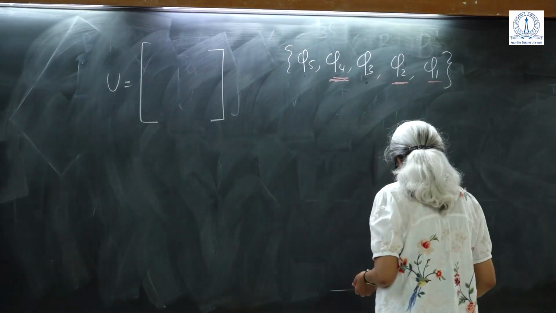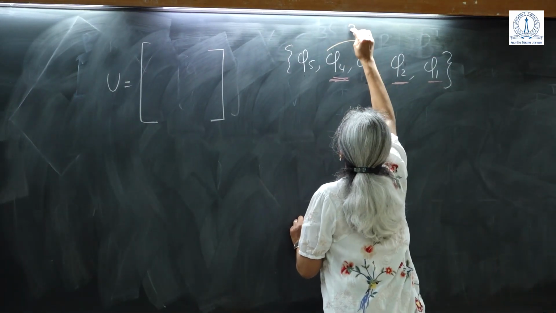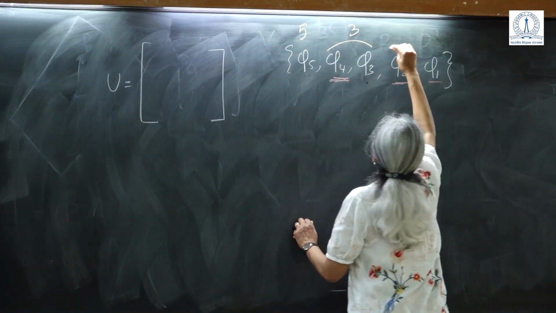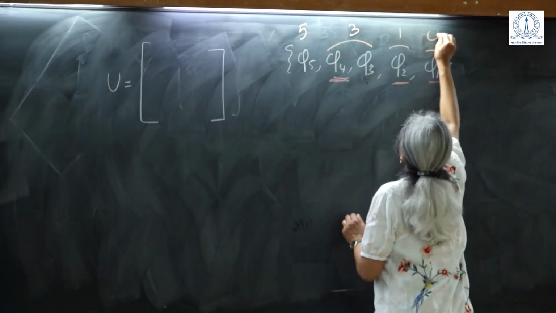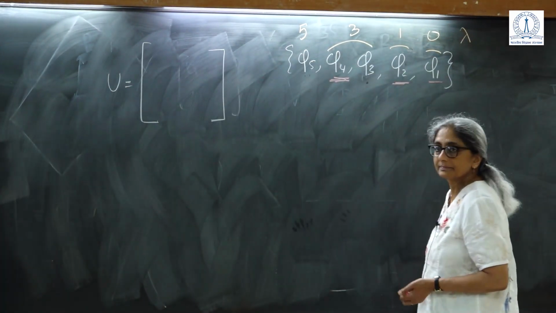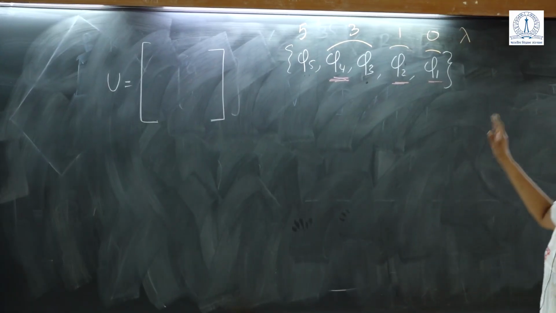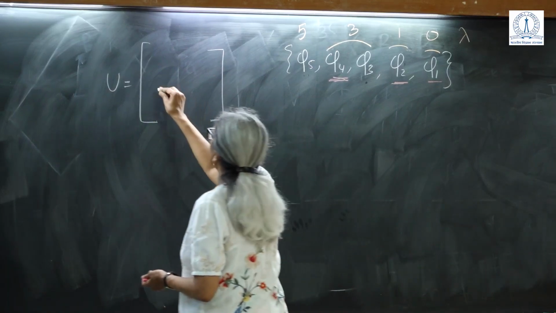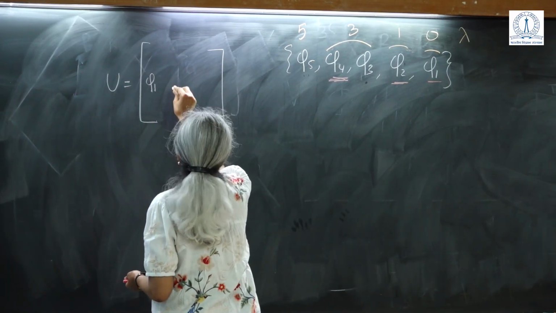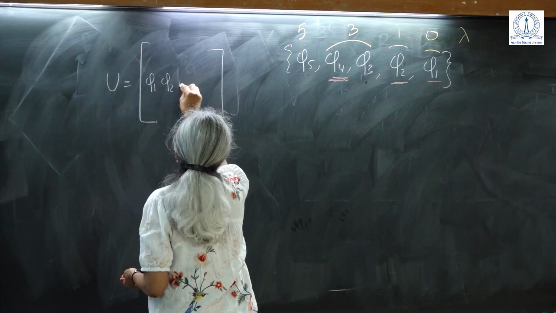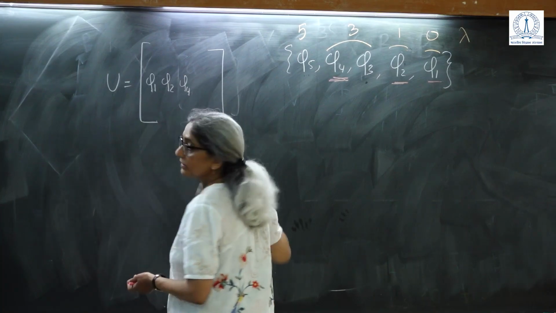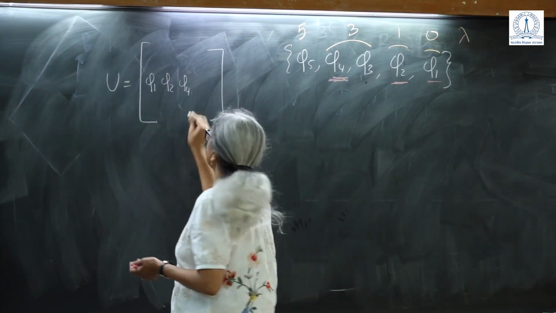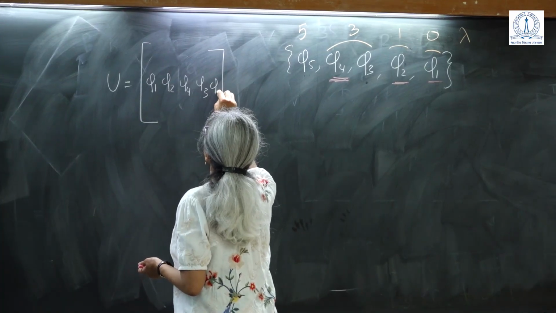The eigenvalues are, these two go with 3, this is 5, and this is 1, and this is 0. These are the eigenvalues, okay? So the ones we are freezing are those 3. So all we're doing now is writing the U matrix so that phi1 is first, then phi2, then phi4, those are the ones that we are freezing, and then phi3, and then phi5.